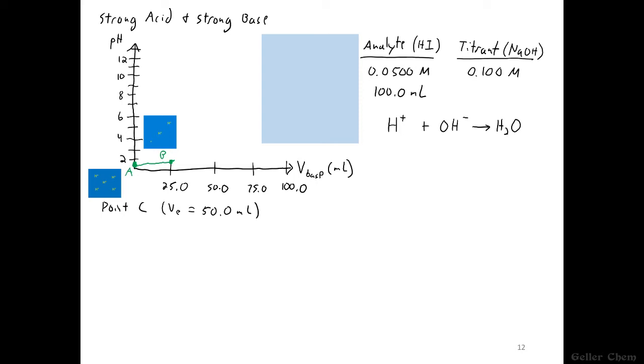By definition, at this point we have equal moles of HI and NaOH, which means that the protons and hydroxide ions from each of them completely neutralize to give a neutral solution.